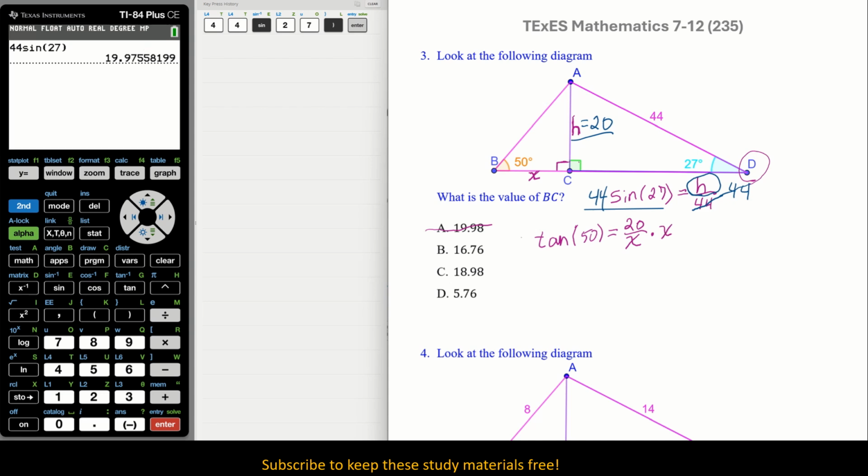And then these cancel out. So let's rewrite that. So we have x tangent of 50 equals 20. So obviously now what we do is divide both sides by that tangent of 50.